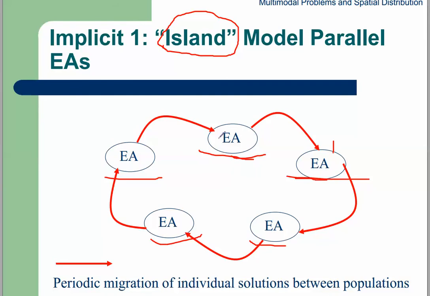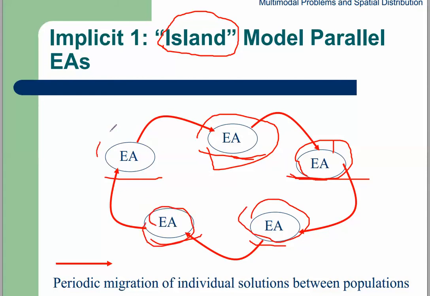If we have some islands, dividing the population into some subspace populations, in each population we have an EA algorithm, but in a period of time some individuals, some elements, transfer to another island.